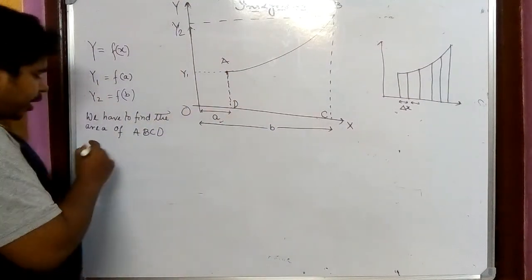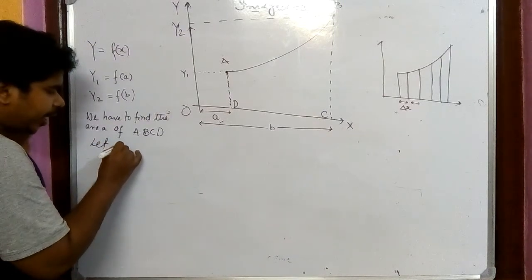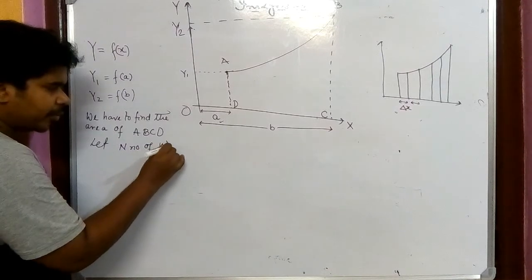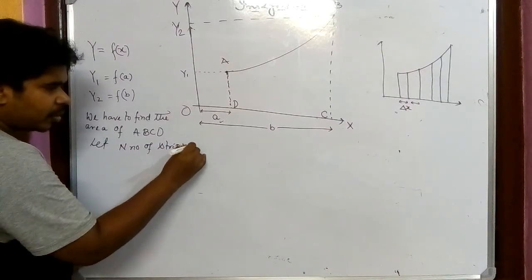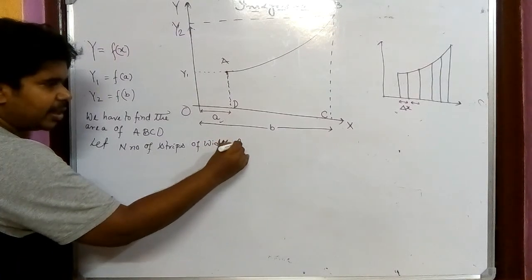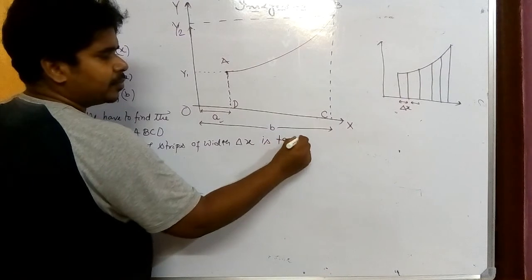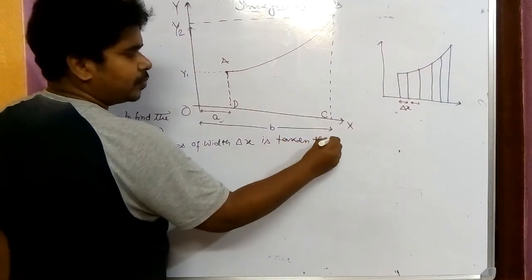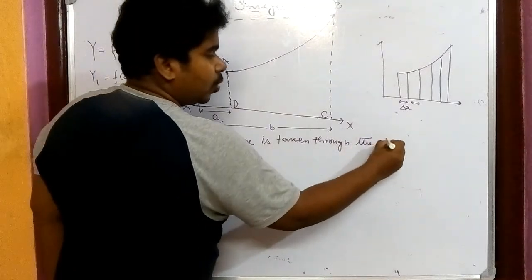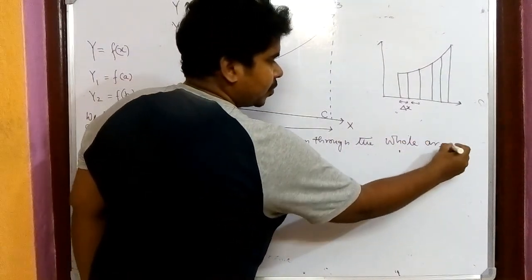So what do we have to write here? Let n stripes of width delta x be taken through the whole area.